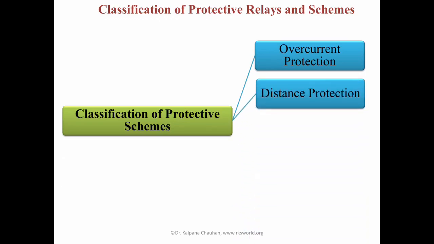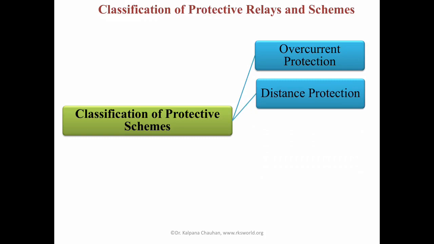Next classification of protective scheme is distance protection. Distance protection is used for the protection of transmission or sub-transmission lines, usually 33 kV, 66 kV or 132 kV lines. It includes a number of distance relays of the same or different types.